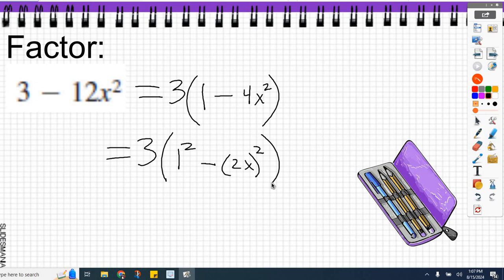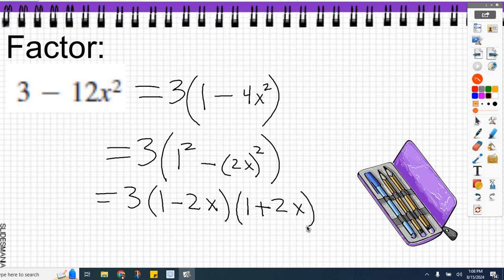And then we're using that formula that is at the very top on the left. So my 1 is acting as our A, and our 2x is acting as our B. So our formula tells us that we have A minus B times A plus B.